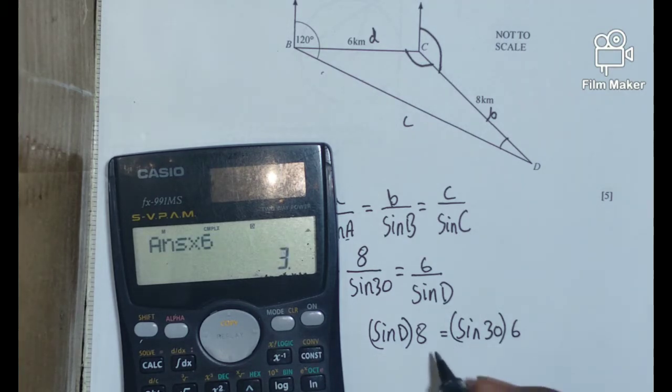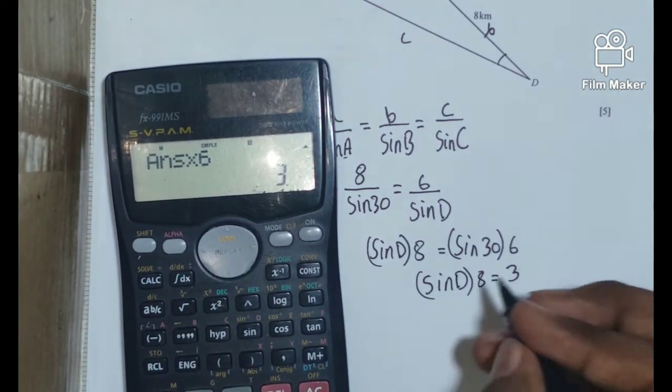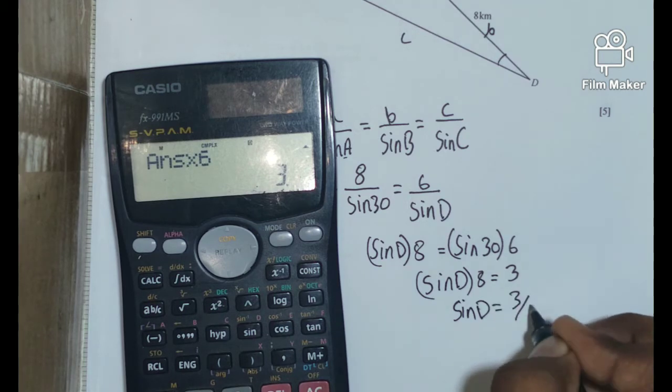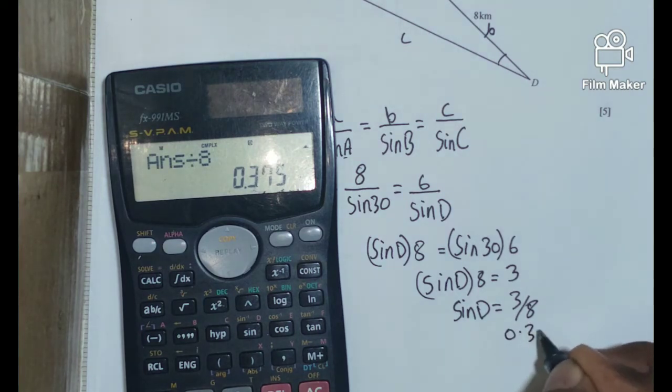So sine D into 8 is equal to 3, and if we take this 8 over here, it would be 3 divided by 8. So sine D is equal to 3 divided by 8, which is equal to 0.375.